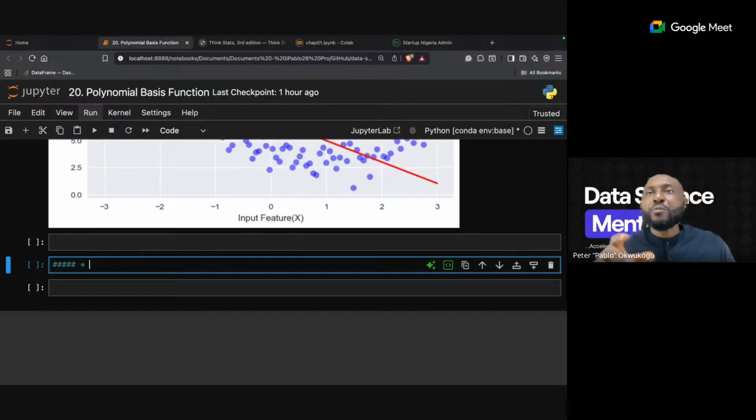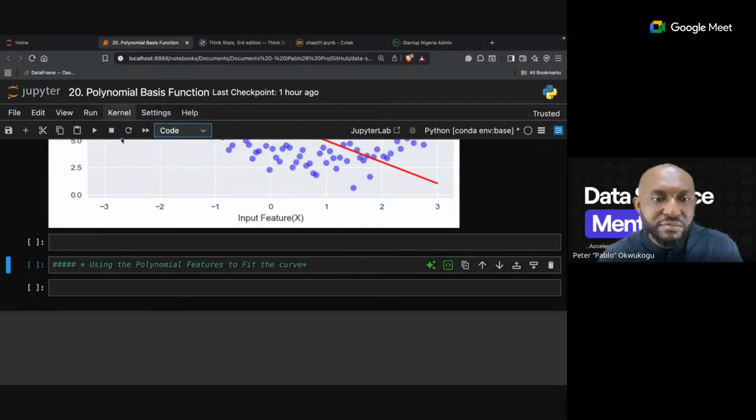I was hoping I'd leave it for another session, but let me just say we're going to be using the polynomial features to fit the curve.